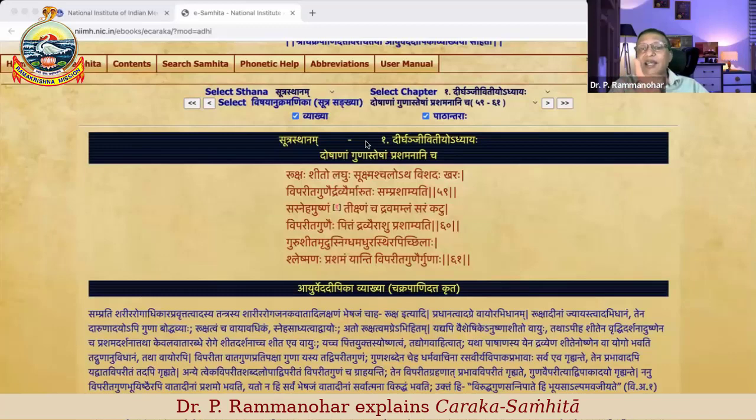So kapha has shita and snigdha gunas. Pitta has ushna and little snigdha guna. So if pitta's ushna guna is dominating in such kind of pitta kapha samsarga, agni will be strong only. But if kapha's shita guna is dominating, which means it's a kapha pitta samsarga, then the agni will become manda. Is that clear?